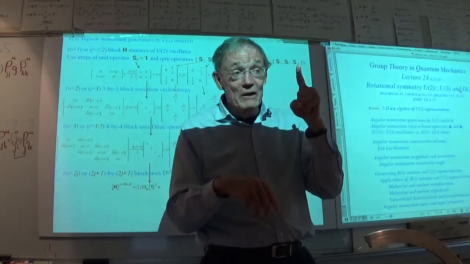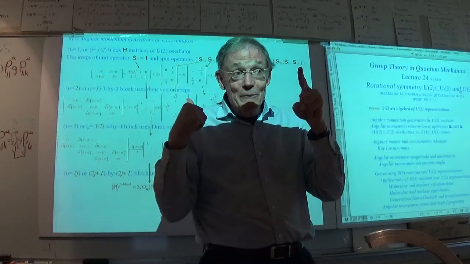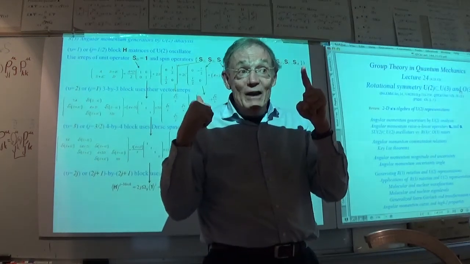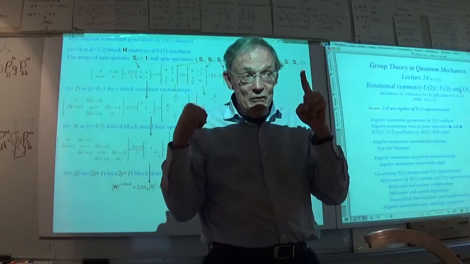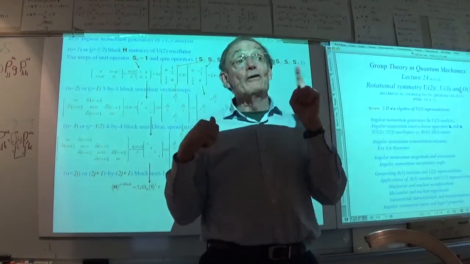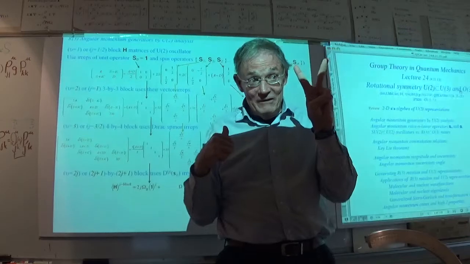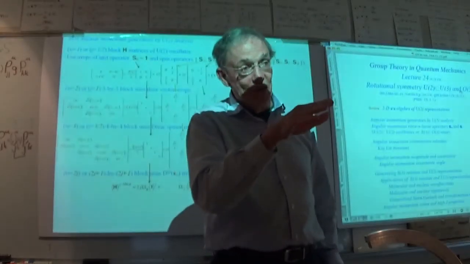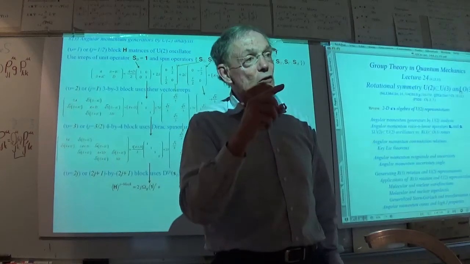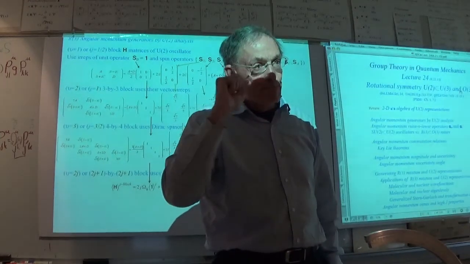Now that's already more complicated than what we've got here, because there's only one scalar representation, only one 1 by 1 representation for this group. But there is also one 2 by 2. And that we share with the group C3V. It had a 2 by 2 called E, right? Yes.